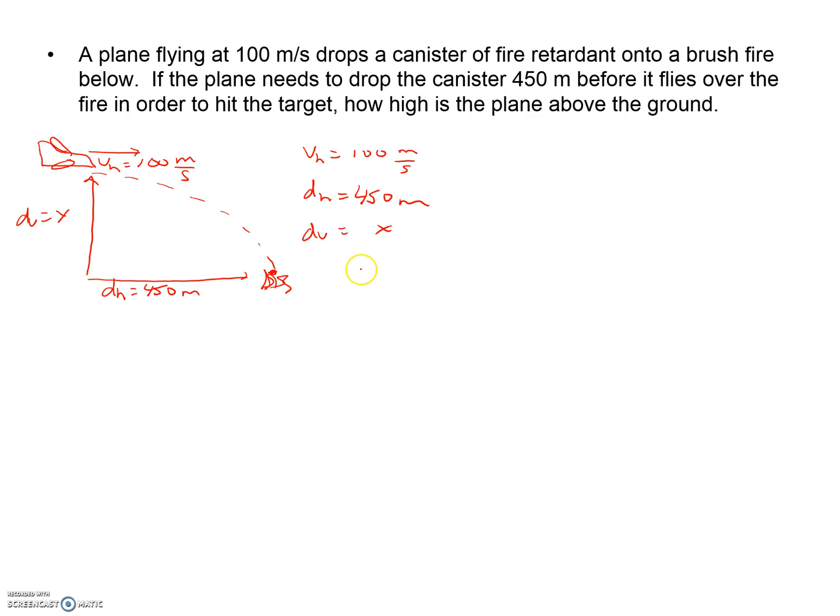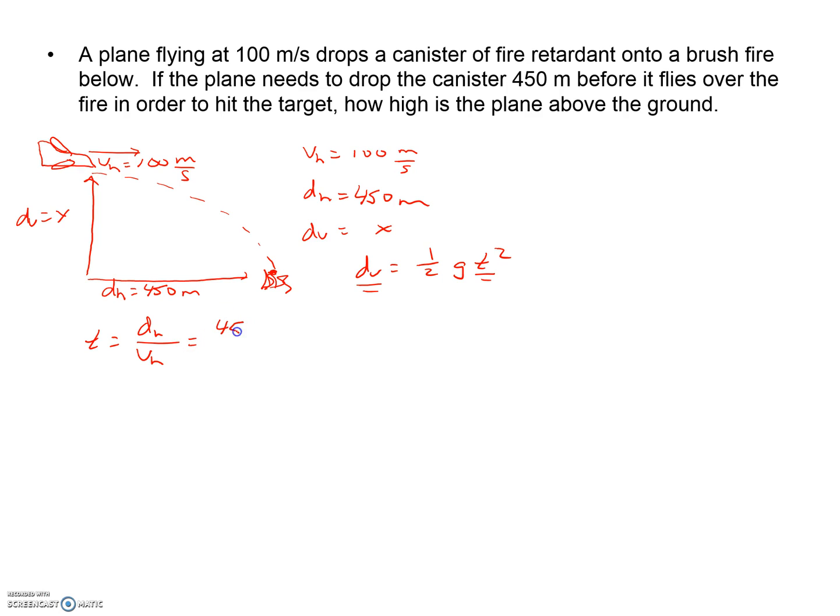We know that our vertical distance equation is 1/2 gt squared. But the problem with this equation is that we need to know the time in order to calculate the vertical distance. And we don't have the time. So we're going to have to calculate time first, and then we'll be able to calculate our vertical distance. So time equals our horizontal distance divided by our horizontal velocity.